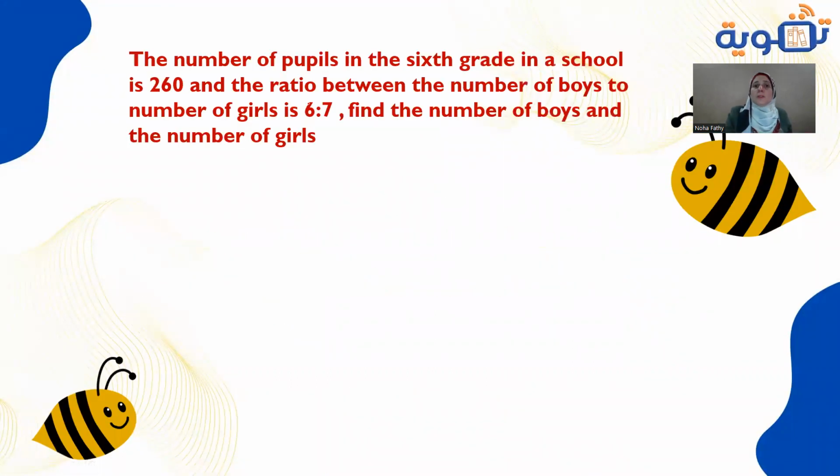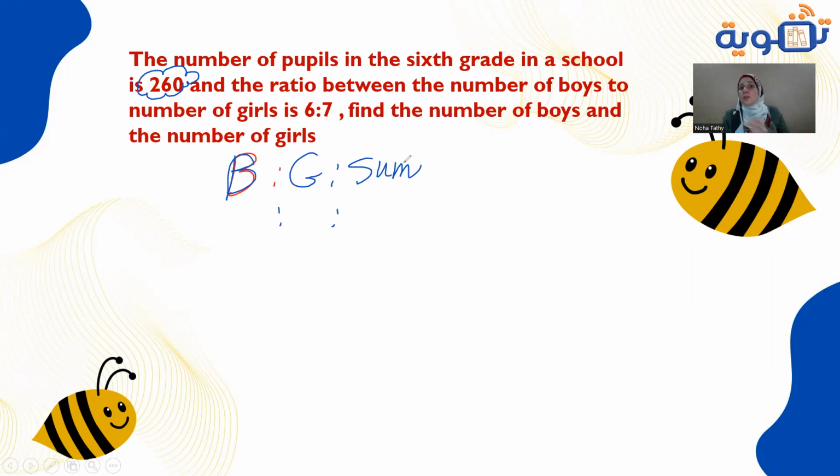The number of pupils in sixth grade in a school is 260. The ratio between the number of boys and the number of girls is 6 to 7. Find the number of boys and the number of girls. So I write boys to girls to sum. Why sum? Because he gave me the total number of students in this grade.